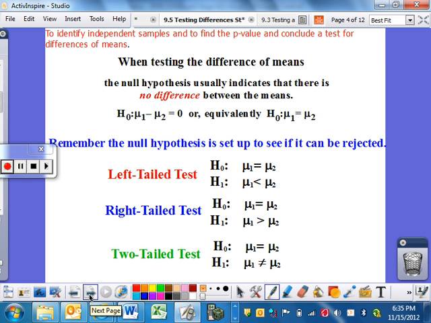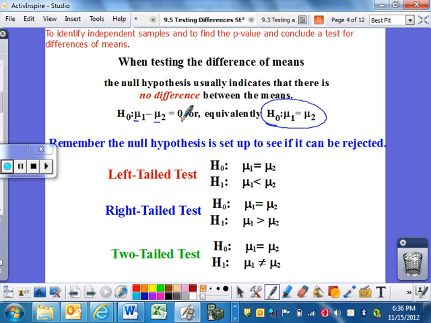So to test, in 9.4 we said the mean difference was equal to 0. What's different about this one is we're going to assume these things are independent. So we're going to assume that these independent events are equal, or if you subtract the 2, it'd be equal to 0. You can list it either way.